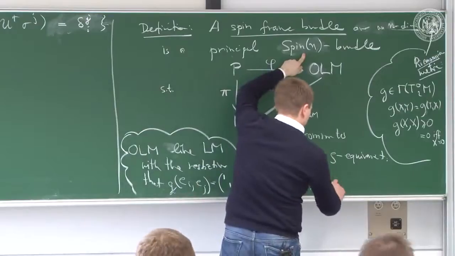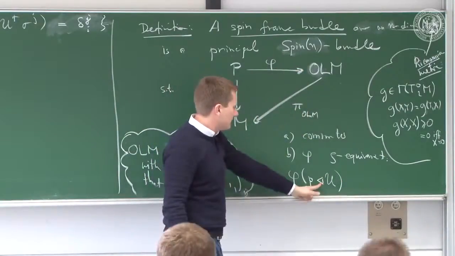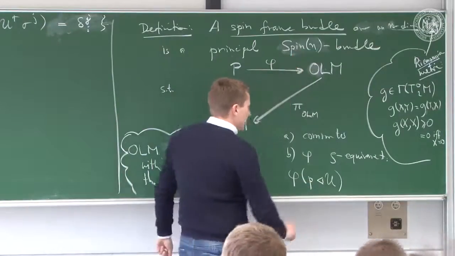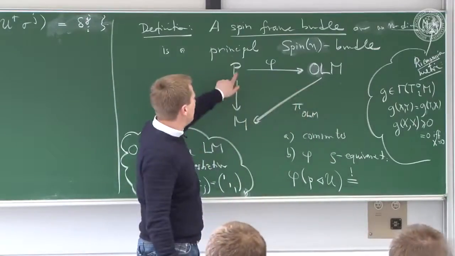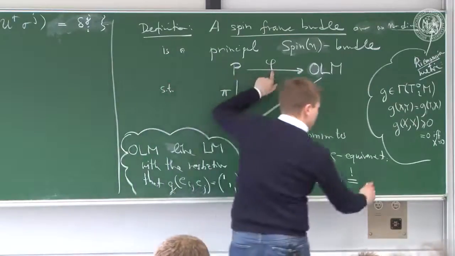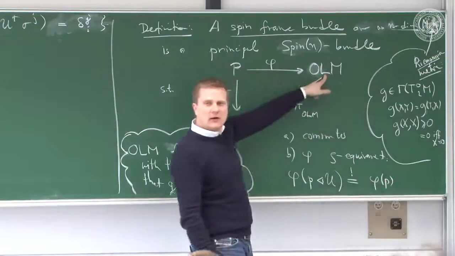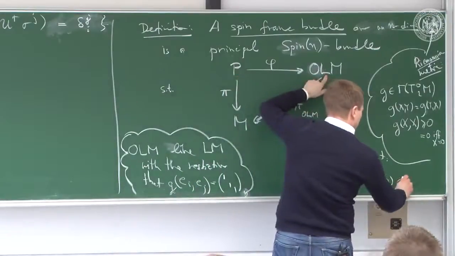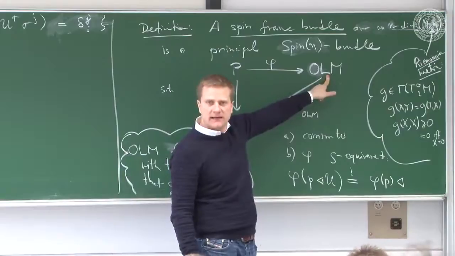So let's call it U. Okay, a spin n right action and an element of spin n, let's call this U. And I want to require that this is compatible, that I first map the point P over here, but now I'm on the orthogonal frame bundle. And I would again like to act from the right, because this is also a principal bundle. I act on the right.